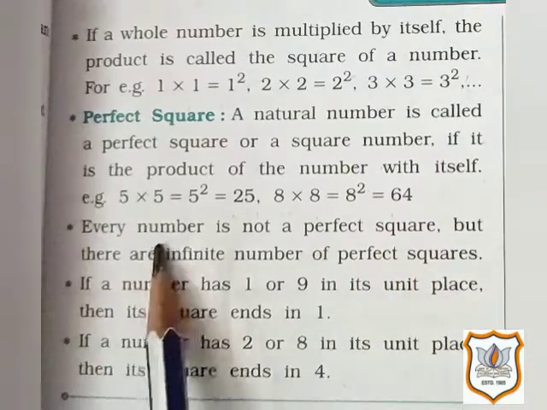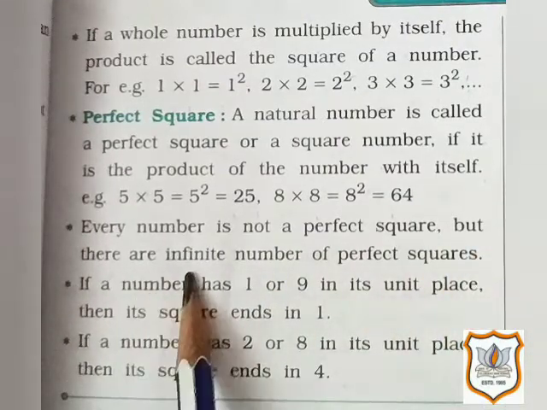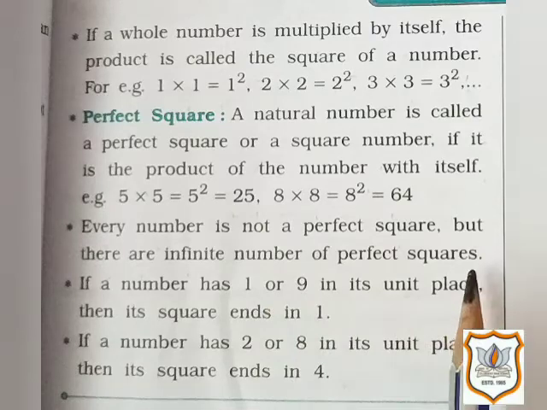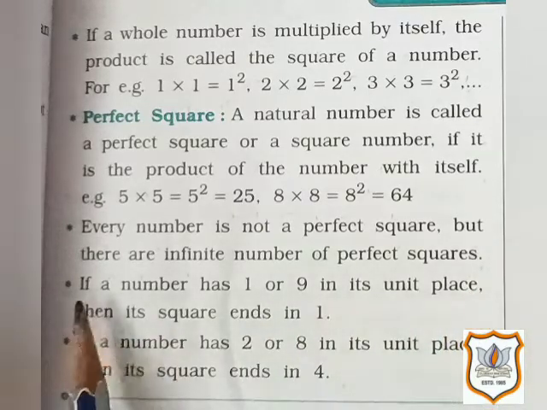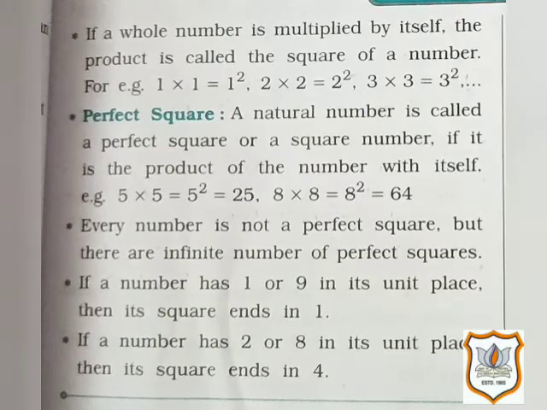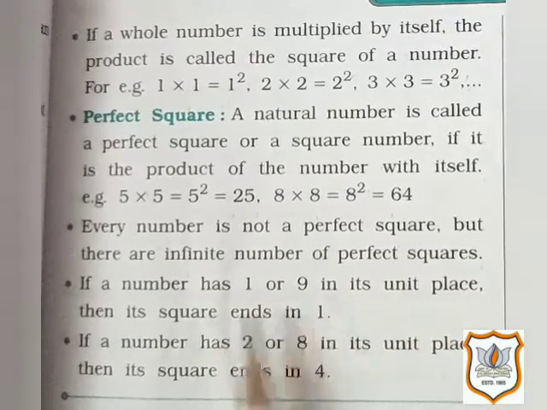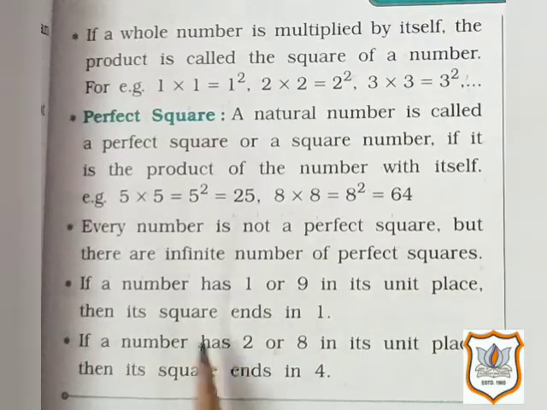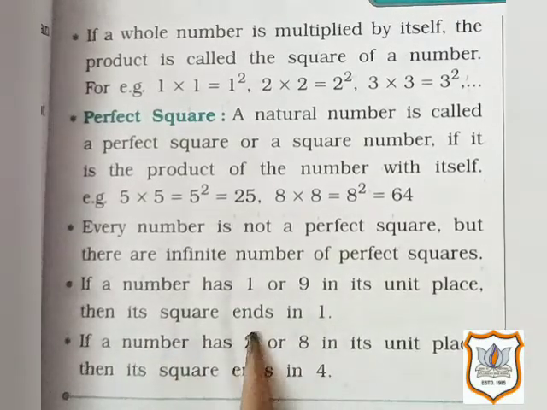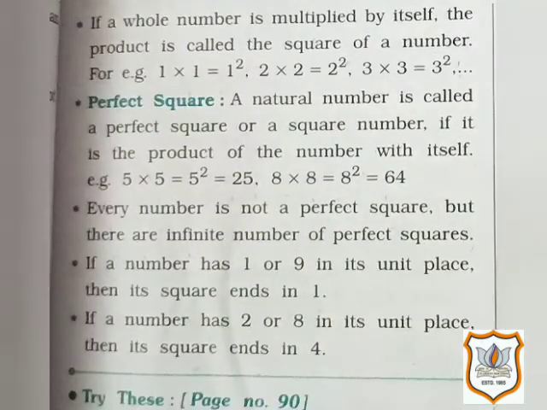Next, every number is not a perfect square, but there are infinite perfect squares. Next, if a number has 1 or 9 in its unit place, then its square ends in 1.